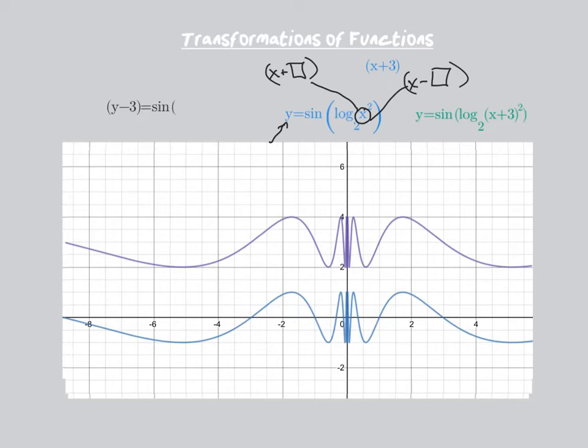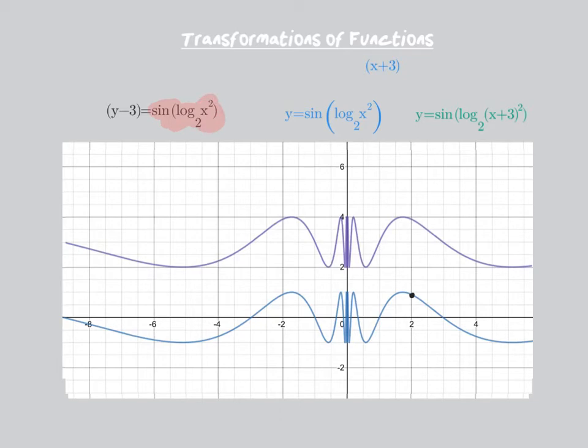And this makes sense because now these values that you get here, for example, right here on the graph, when x is 2, this right here will give you a value of just a little bit less than 1. 2 comma 0 point something.